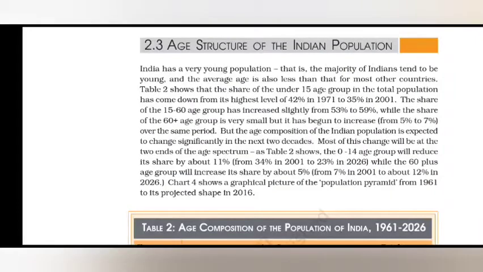Age structure of Indian population. India has a very young population, that is, the majority of Indians tend to be young and the average age is also less than that for most other countries. Table 2 shows that the share of under 15 age group in the total population has come down from its highest level of 42% in 1971 to 35% in 2001.